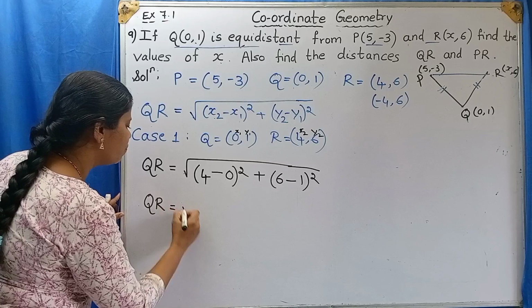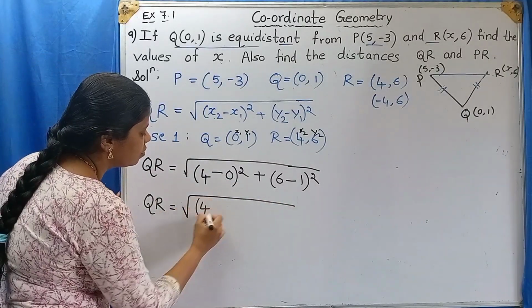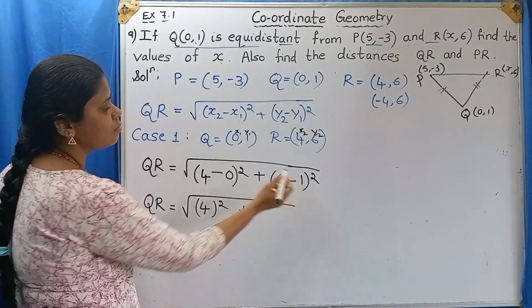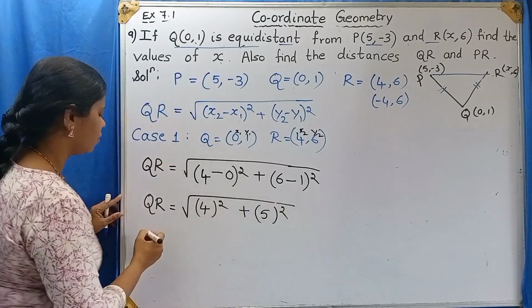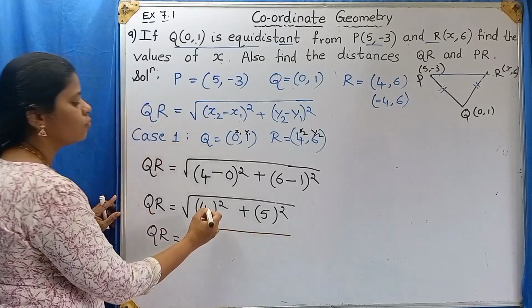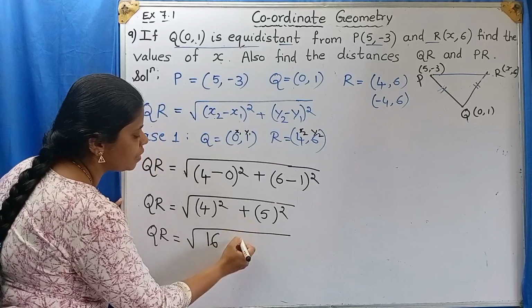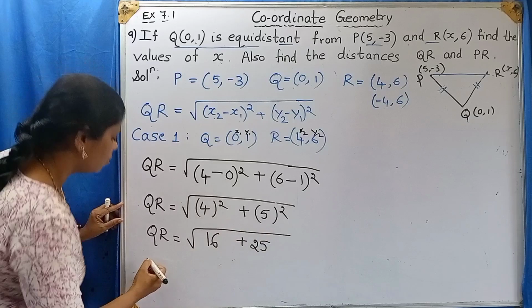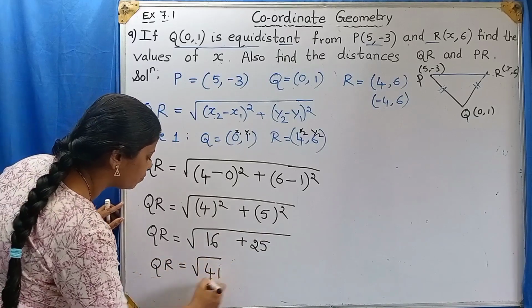QR is equal to 4 minus 0 is what? 4 the square. Plus, 6 minus 1 is what? 5. 5 the whole square. QR is equal to square root of 4 square is what? 4 into 4 is 16 plus 5 square is 25. QR is equal to square root of 41.